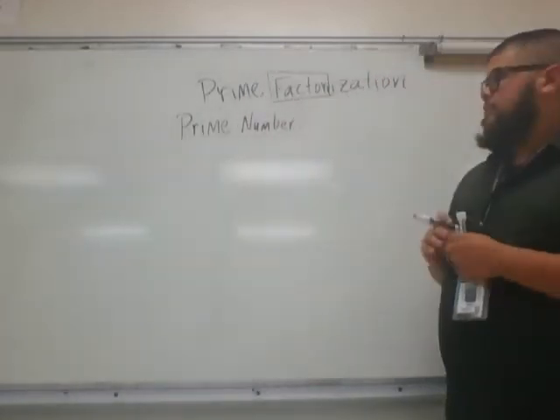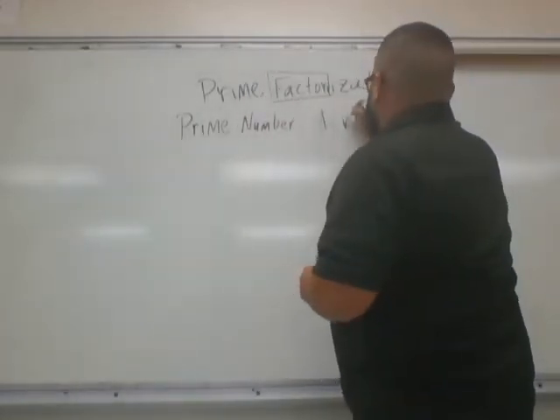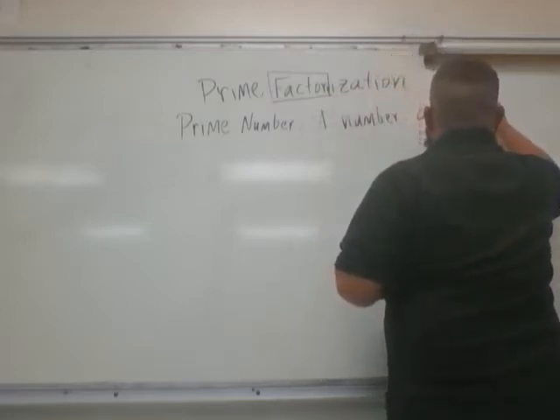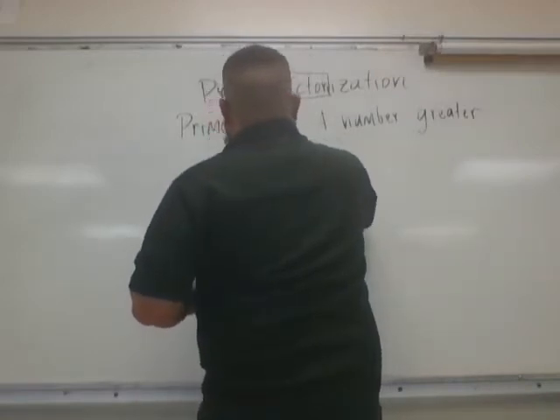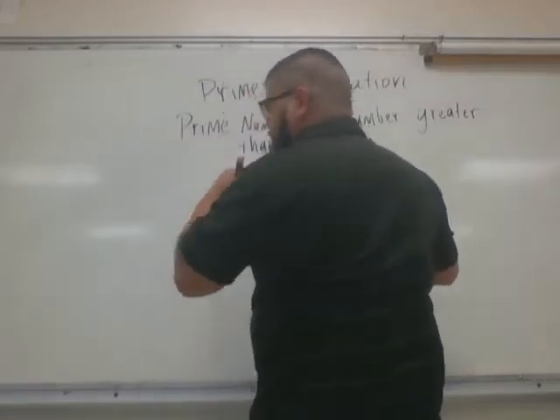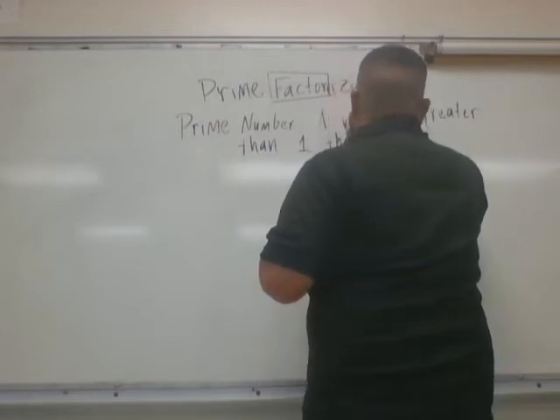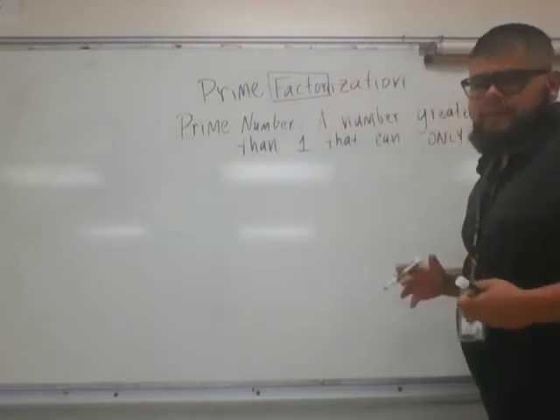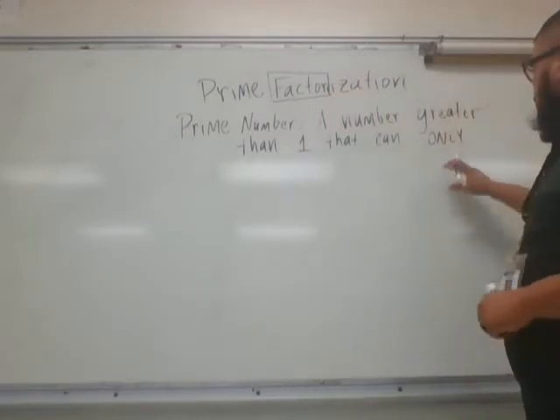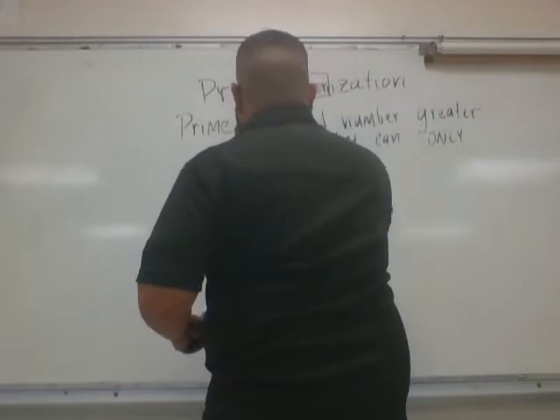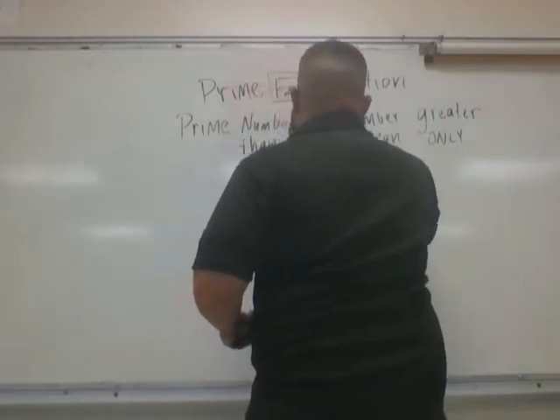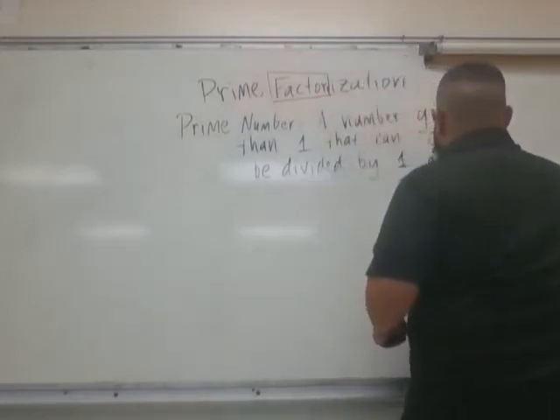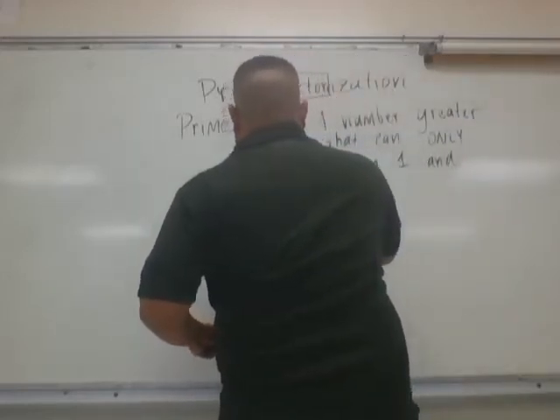Okay, so a prime number is a number greater than 1 that can only, and I mean evenly, with no decimals or fractions or anything, only be divided by 1 and itself.